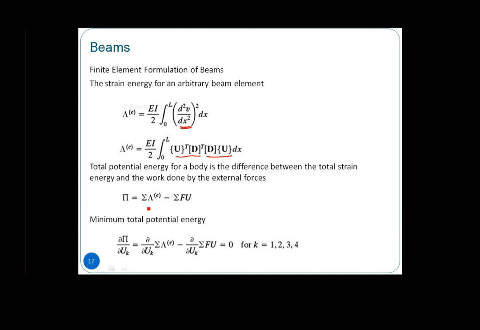So to find the minimum, we have to find the partial derivative with respect to u. So del strain energy del uk will be the minimum strain energy.